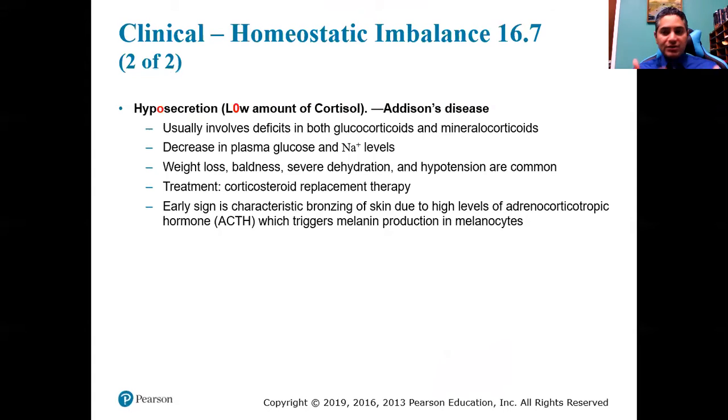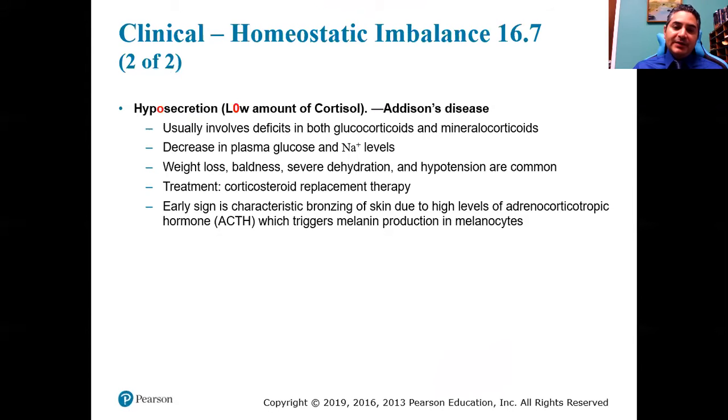We're going to have more cells than normal, and these cells are going to be releasing hormones, but that is not the case in hyposecretion, right? So in this case, it usually involves deficiency in the glucocorticoids and the mineralocorticoids.